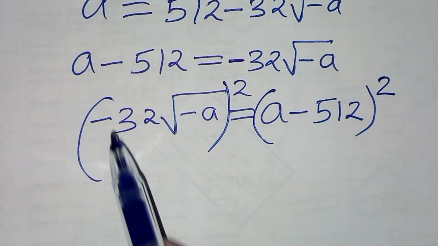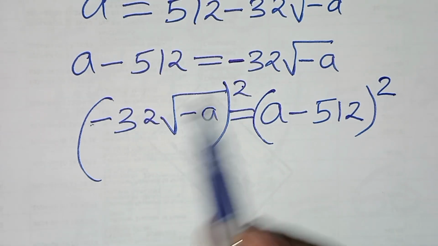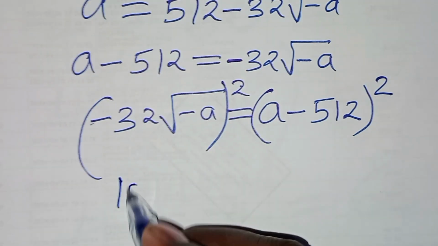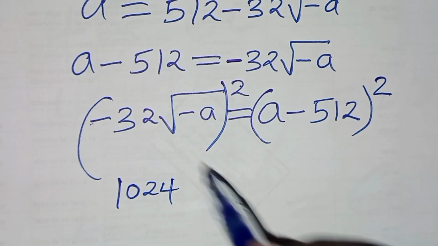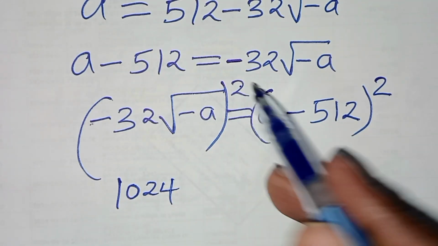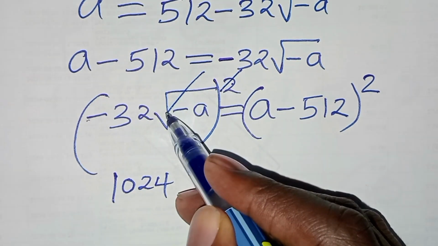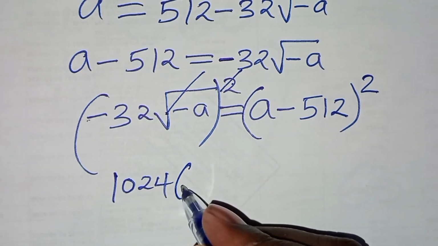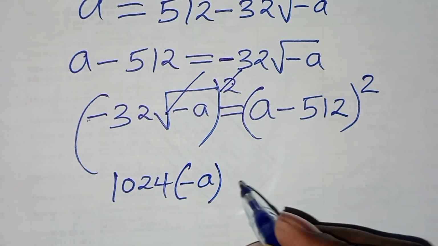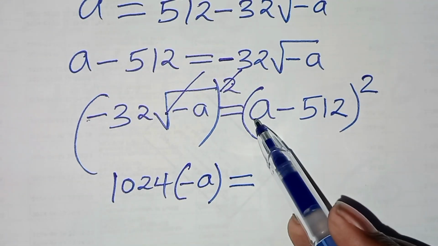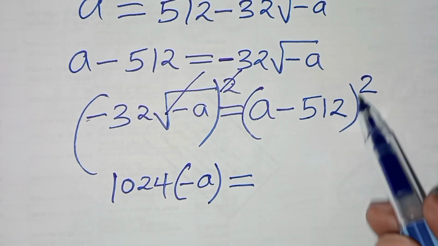So that now this is negative 32 squared, which is 1024, then the square root of negative a squared, that implies we eliminate the square root sign. So this is negative a. This is equal to a minus 512 squared.